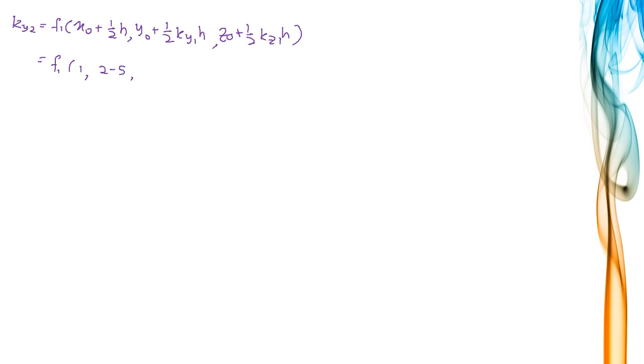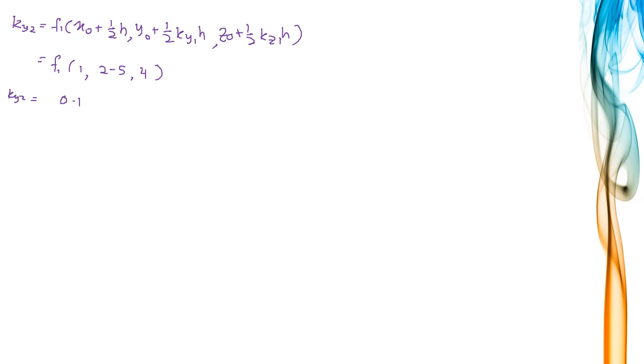Now we continue with ky2. ky2 is equal to f1(x0 plus half h, y0 plus half ky1 h, and z0 plus half kz1 h). So we substitute all the values. We have 1, y0 plus half ky1 h gives 2.5, and z0 plus half kz1 h gives 4. I substitute into our f1, so I will have ky2 is equal to 0.1.